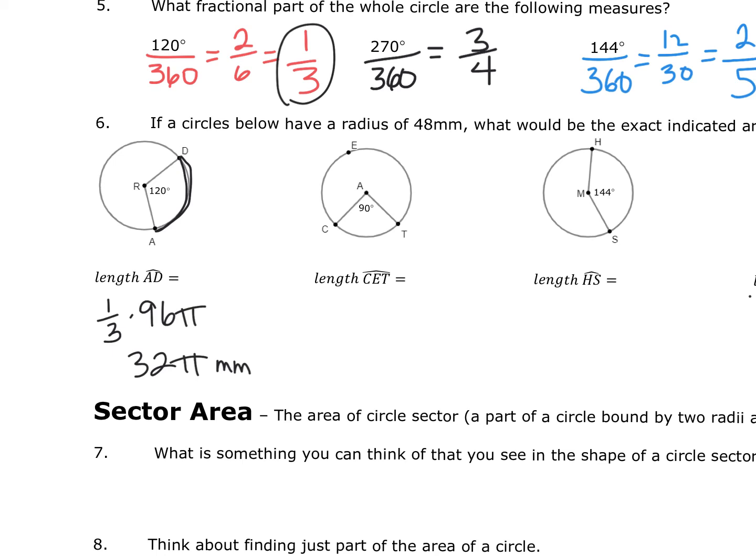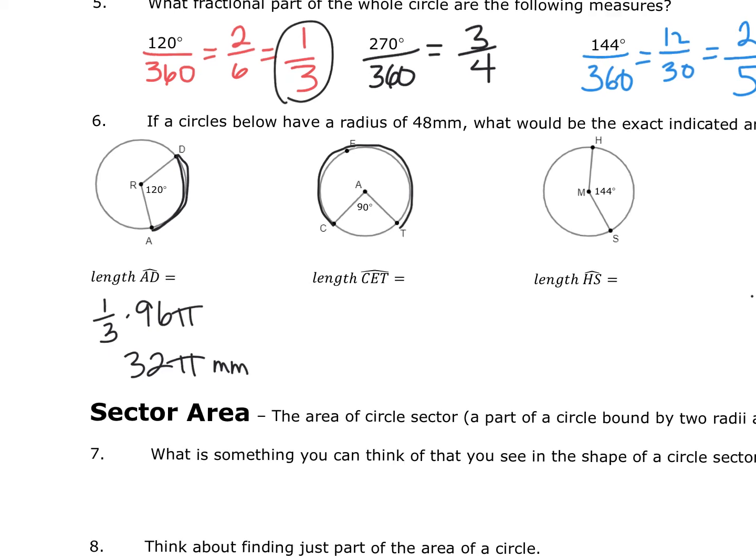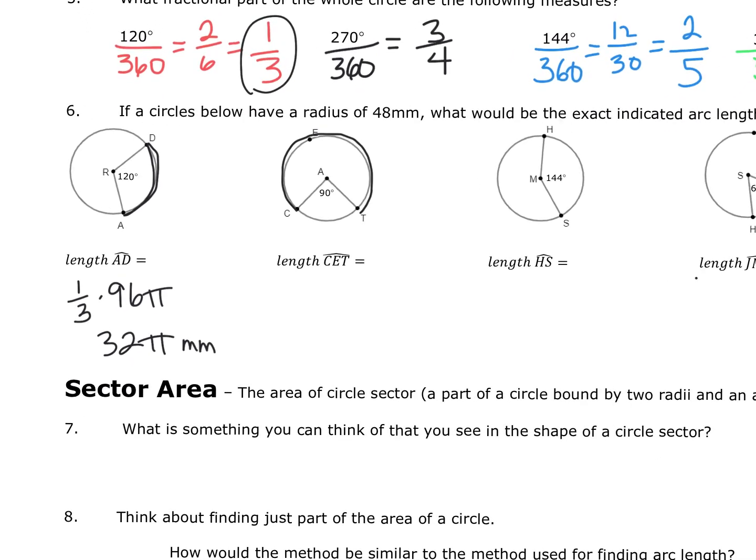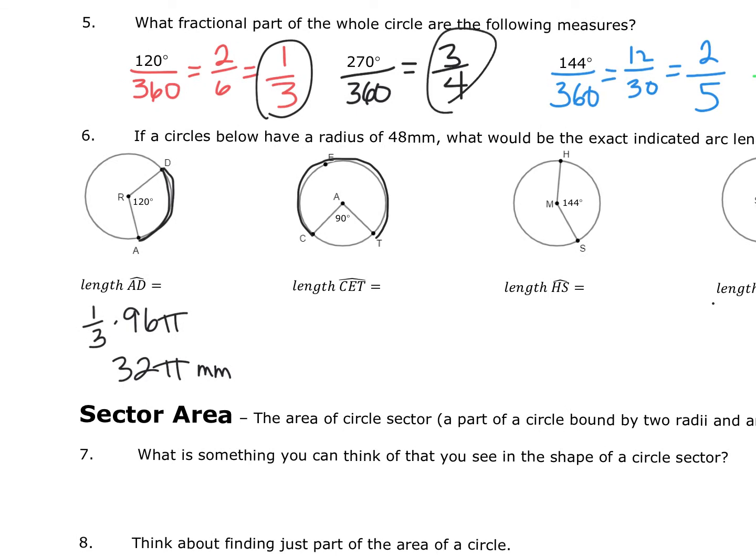Okay, the length of arc CET going that way, we know that's 270, and that is 3/4 of the way. So we have 3/4 times 96 pi, and that is 72 pi millimeters.